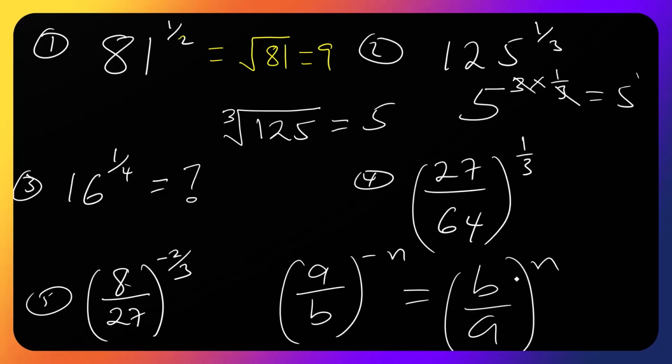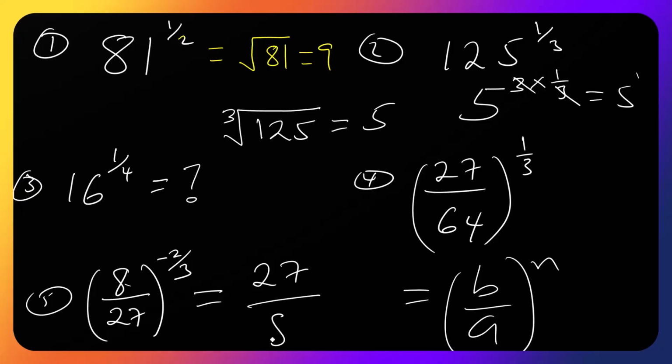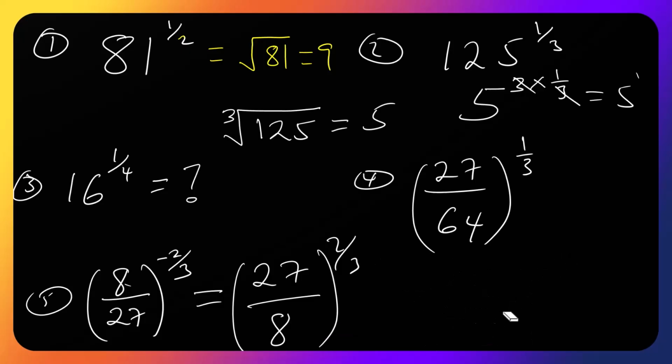So this one will vanish, we have positive. So the same thing here, I can make it 27 on 8 all raised to 2 on 3. So you can use any of the methods.